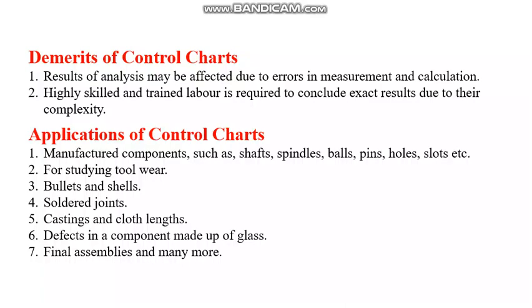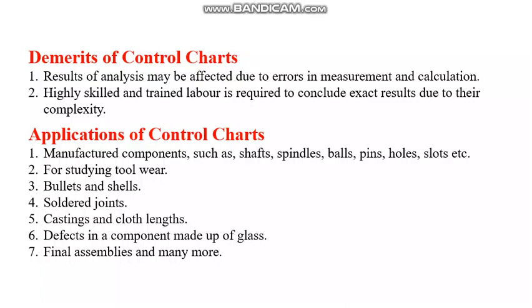The more highly skilled people you require, the more money you have to pay them. More money means it is a disadvantage. Why don't we want highly skilled people? Because we have to pay them more salaries. So these are the disadvantages of control charts.